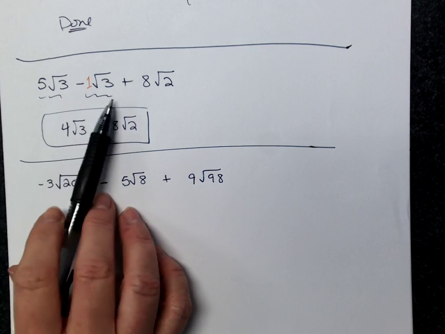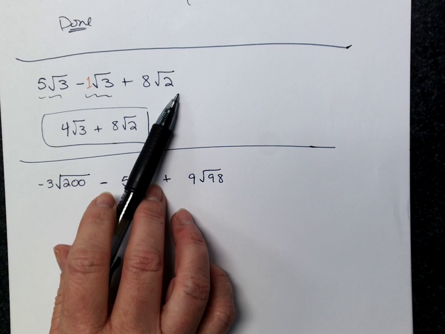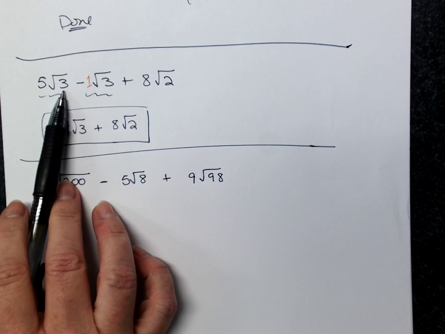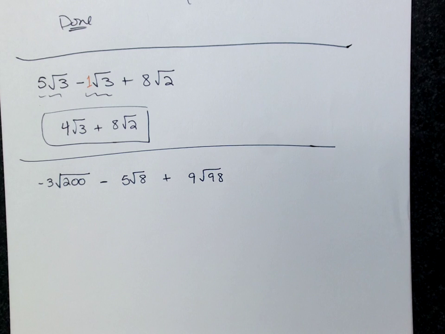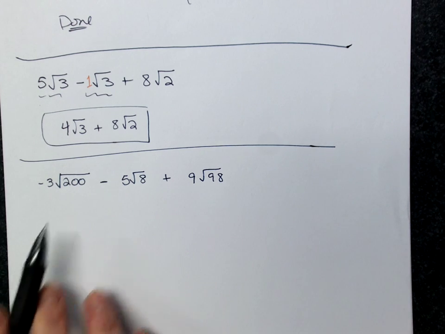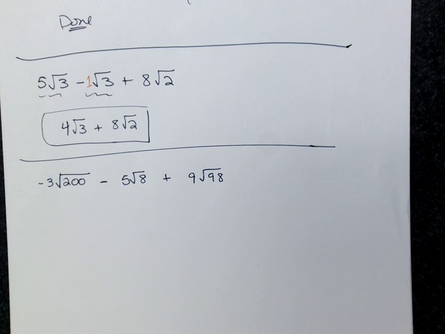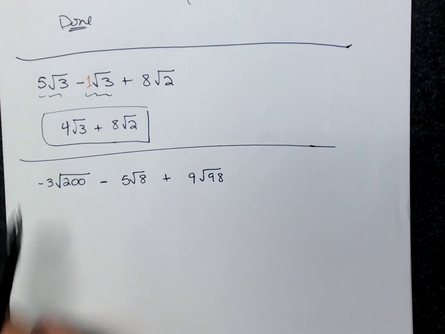With 3s and 2s, 5s, 7s, any prime number radical, those are already simplified. Even some non-primes are still simplified. The square root of 10, for example, is not prime, but you can't simplify it any further because it doesn't have any square root factors. But remember, this is not a perfect square. If it's a perfect square, then take care of that. If it's not a perfect square, maybe you can at least partially simplify it. So you don't know that you can't combine these until all of them are in simplest terms.